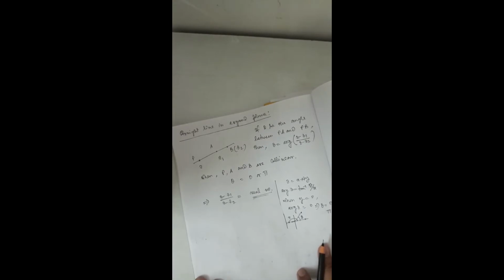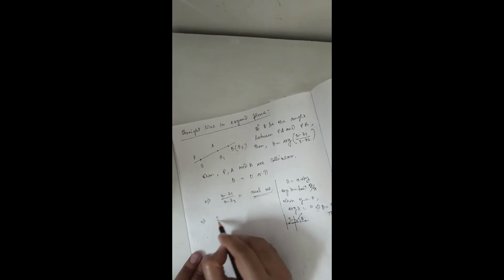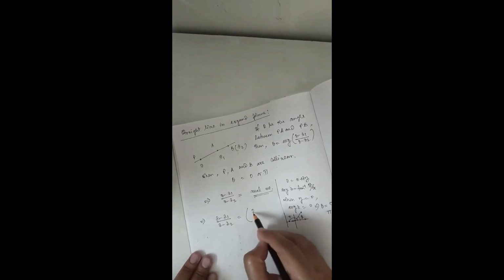So if it is a real number, this implies z minus z1 by z minus z2 equals z minus z1 by z minus z2 whole bar, because we know when the imaginary part of any complex number is 0, that is when the complex number becomes a real number, its conjugate becomes the same as the original.